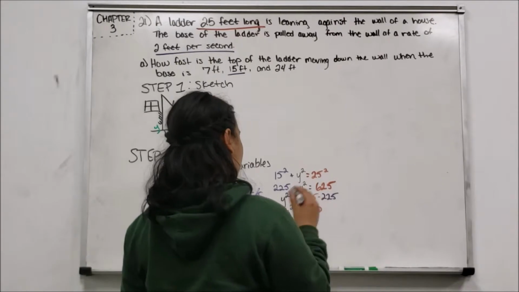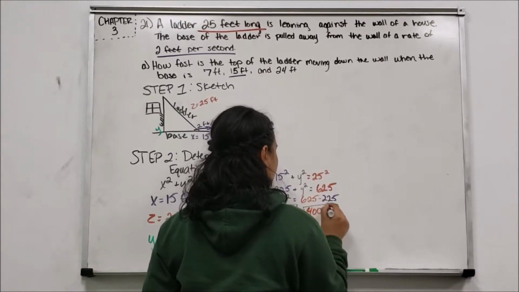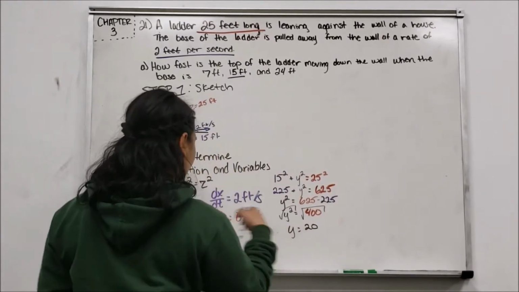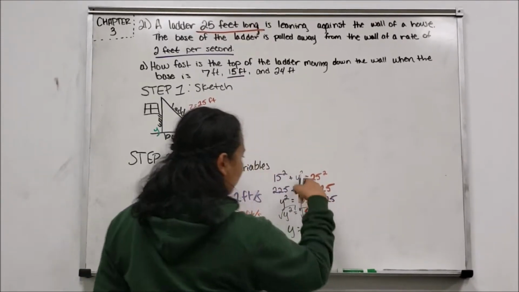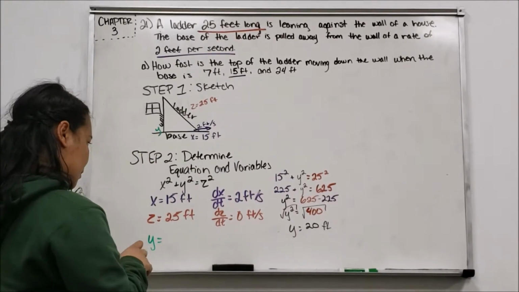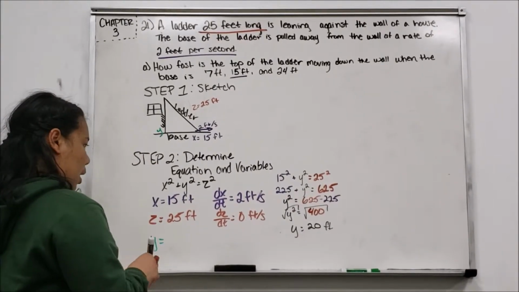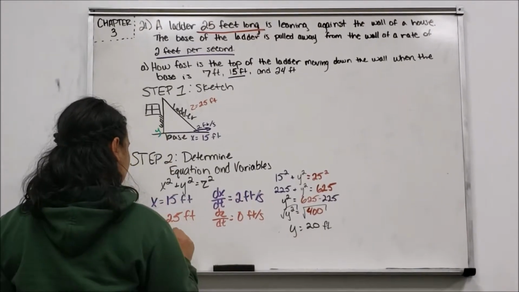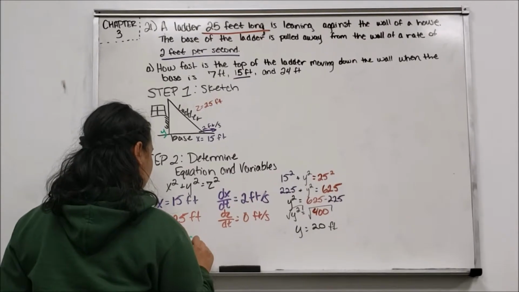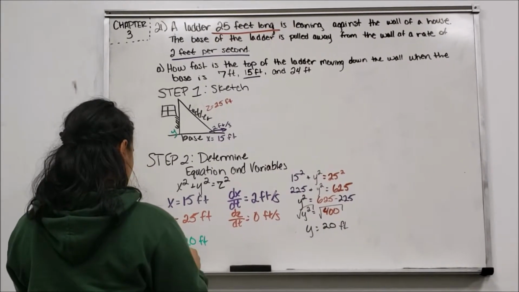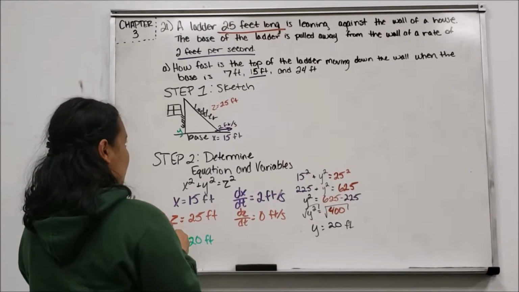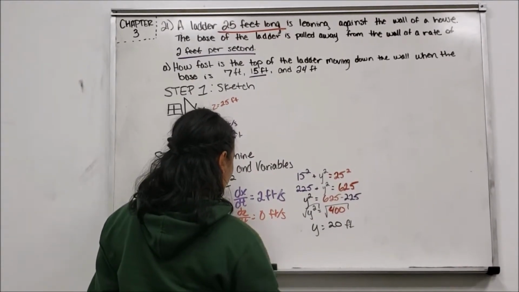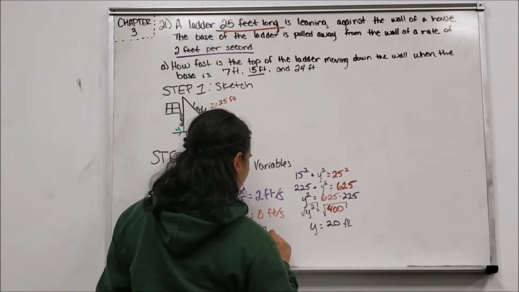And then we're going to take the square root of both sides, and we get y equals 20. And it's going to be feet because both measurements are in feet. So our y is now 20 feet. And we are still continuing to look for dy dt. So that stays the same. dy dt is what we are looking for.